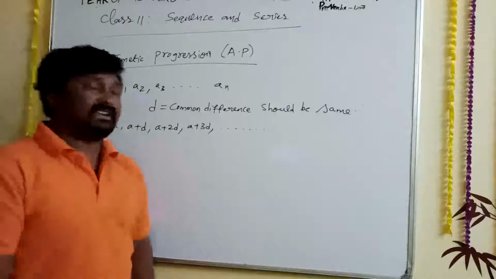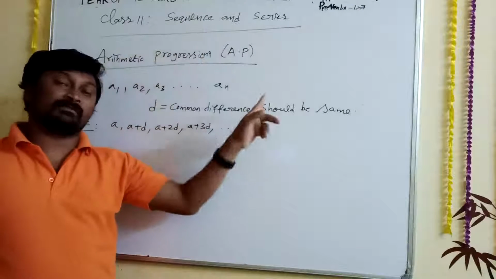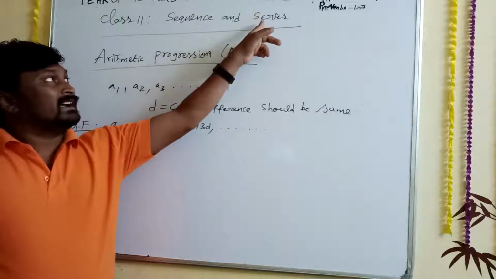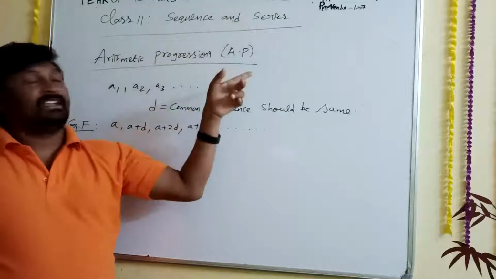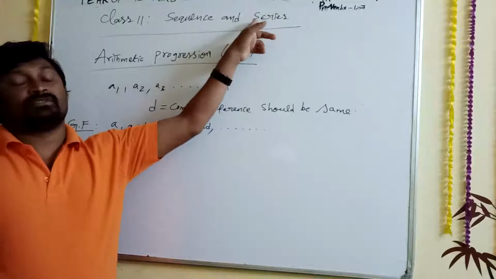Once again, let us discuss what is a sequence. Sequence means it follows some order. And what is a series? If the sequence is connected with any mathematical operation, then that is called a series.